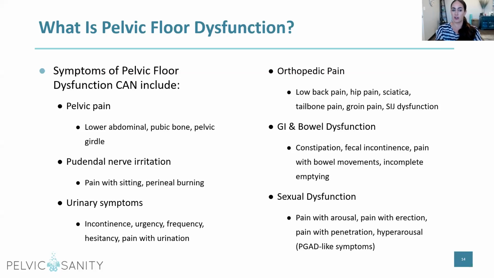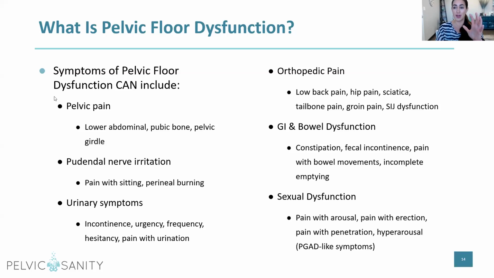So pudendal nerve irritation, pain with sitting, perineal burning. The perineum is the space for males and females that's in between the base of the penis or the vaginal opening and the rectum and anus. So it's this little area where my finger is right here. That's called the perineum. So pudendal nerve irritation can actually cause that, and can also be irritated with pelvic floor dysfunction.